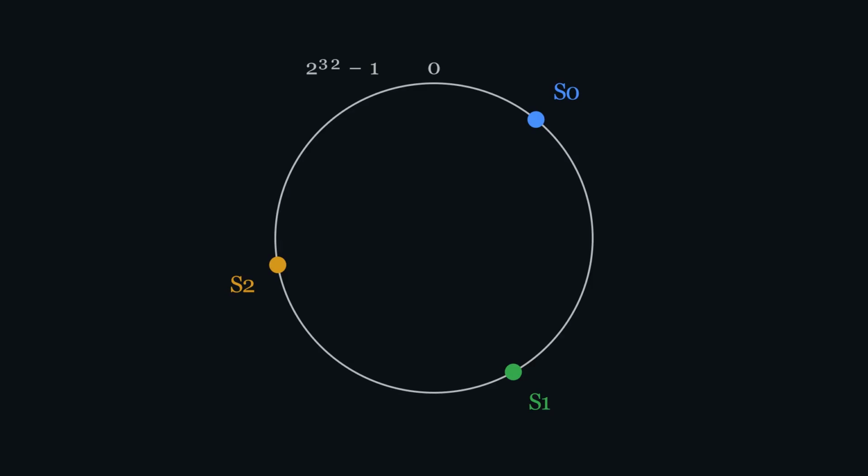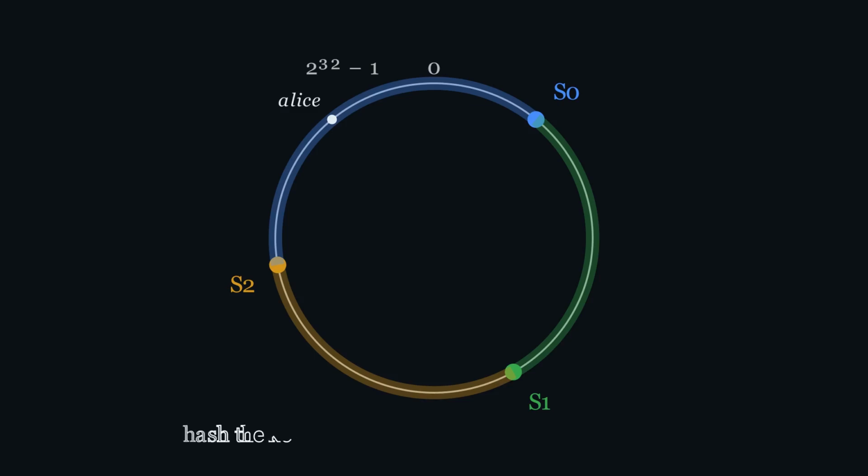Each server's name or IP hashes to a position on this ring, and data placement becomes a simple rule. Hash the key, find its position on the ring, then walk clockwise until you hit the first server. That server owns the key. Alice hashes to here, walk clockwise. She belongs to server 0. Every server owns exactly one arc, the stretch of ring between its predecessor and itself.